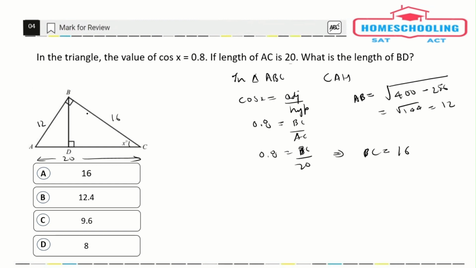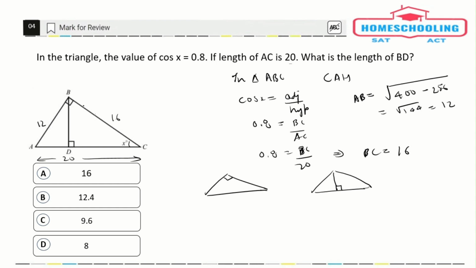So as we can see, two types of right triangles are forming. One is like this, and one is like this. One has the right angle here and one has the right angle here.